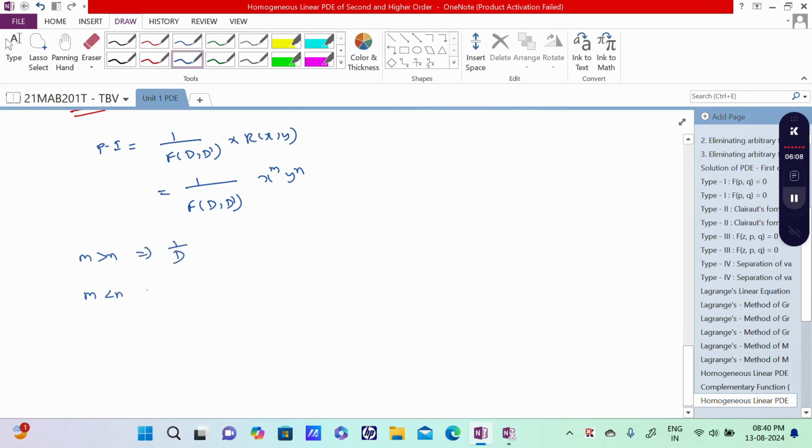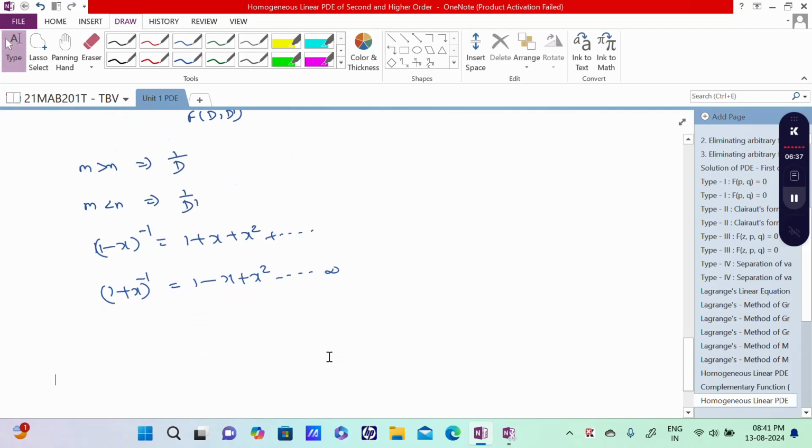When m is less than n, take 1 by D dash common out. I will show it when solving the problem why we take this D out. Now the binomial form: 1 minus x whole inverse is 1 plus x plus x square and so on, and 1 plus x whole inverse is 1 minus x plus x square and so on. So these are the 3 types.